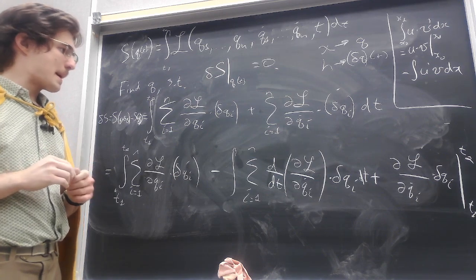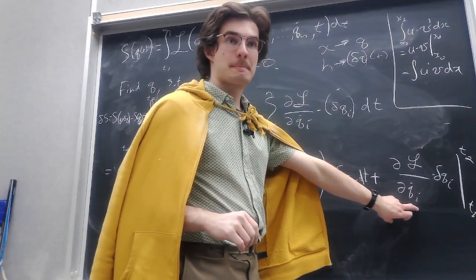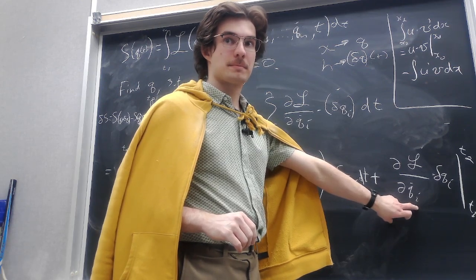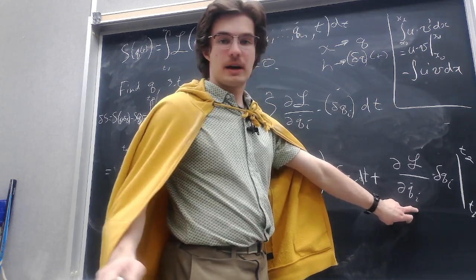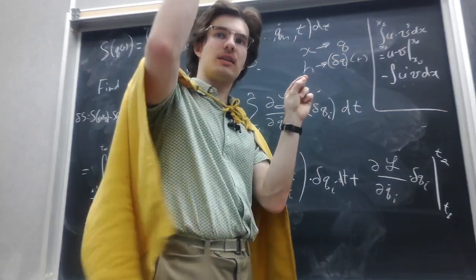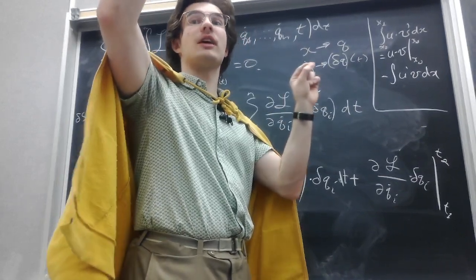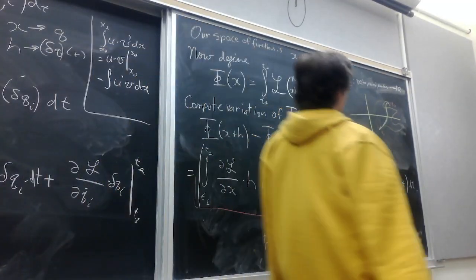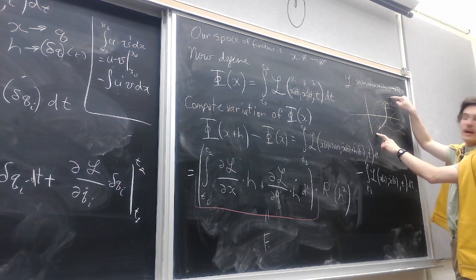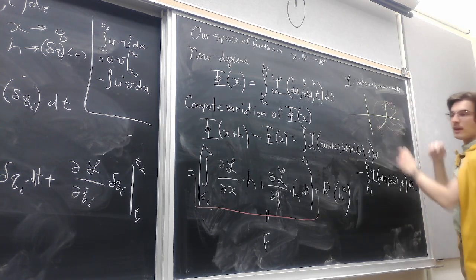Yeah, okay. So now, let's first look at this term. I said earlier that I'm looking at paths which start at an endpoint and end at an endpoint, but these endpoints are specified. So I'm essentially looking at all possible paths between these two points. I don't want to consider paths that don't start here and don't end here. What does this mean?